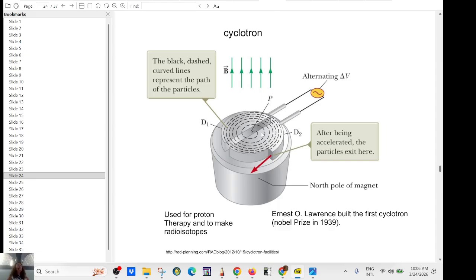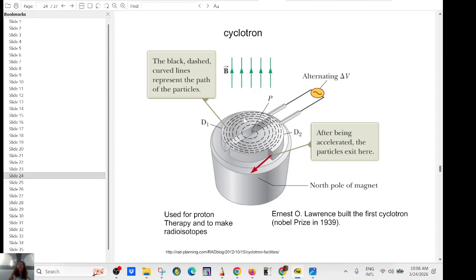The trick is that when you work out the equations, the time it takes to go around does not depend on the speed. We're going to look at the equation, but the time it takes to go around does not depend on the speed. So as it speeds up, it takes the same time to go half of a circle, the same time to go half of a circle.